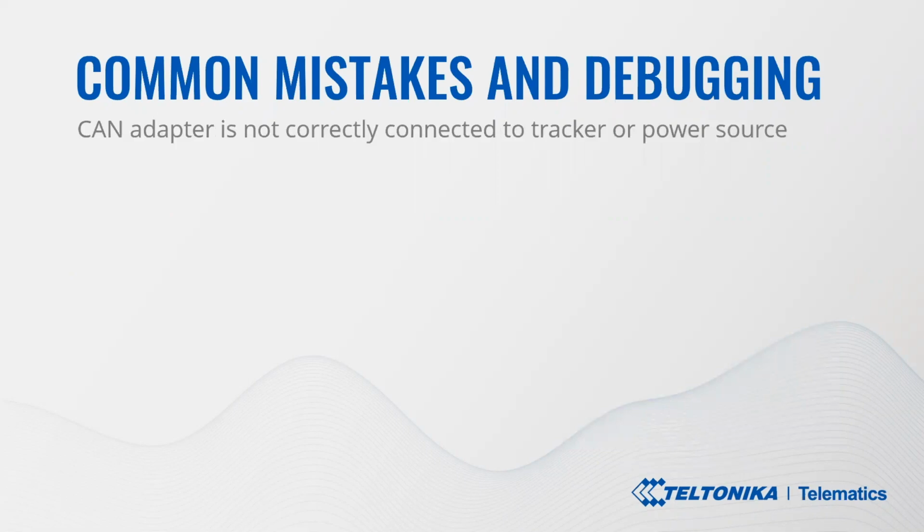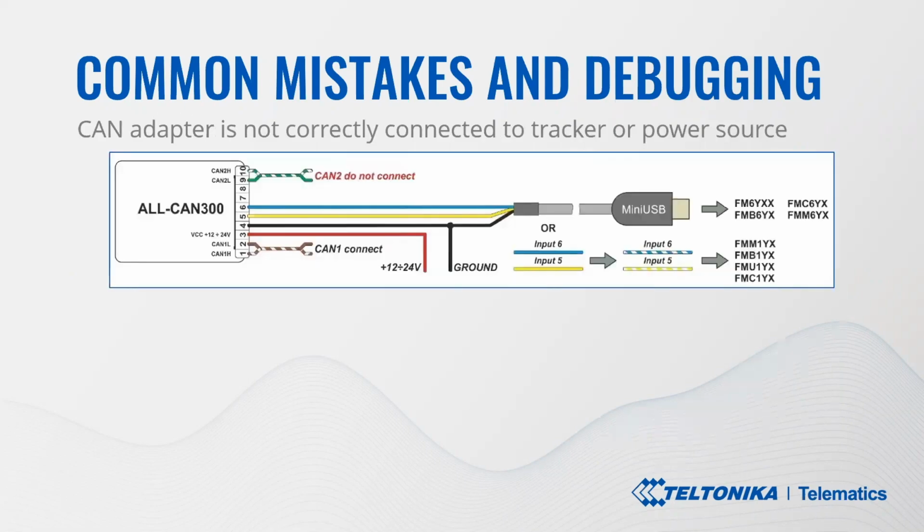Another common issue is that the CAN adapter may not be correctly connected to the tracker. CAN adapters such as ALL-CAN control and LVCAN 200 must be connected to our tracker via serial port, so using mini USB for FMB6 and older units. For our newer units such as the FMB1 series, inputs 5 and 6 must be used.